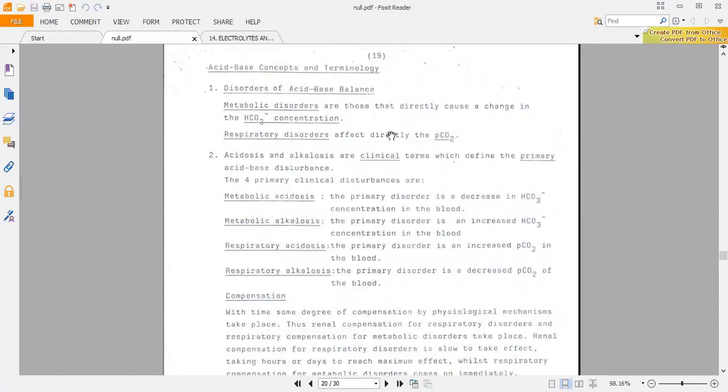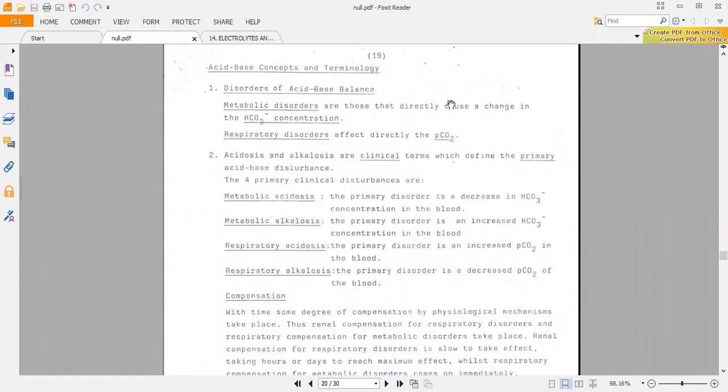Okay, this word is a very important word. So respiratory disorders affect directly the partial pressure of carbon dioxide, because later on we will see that the concentration of HCO3 might also be affected by a respiratory disorder, but that one is as a result, or that one is an indirect effect.